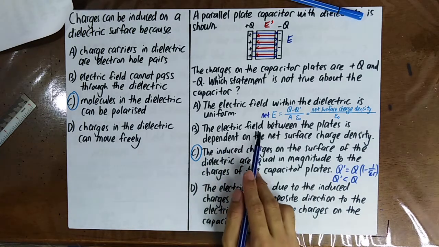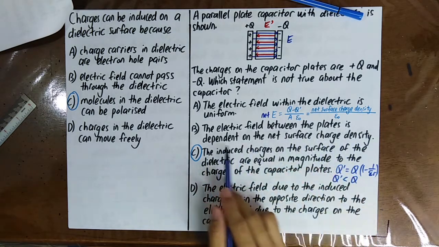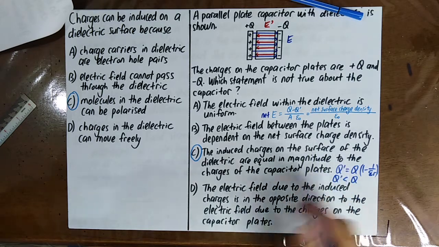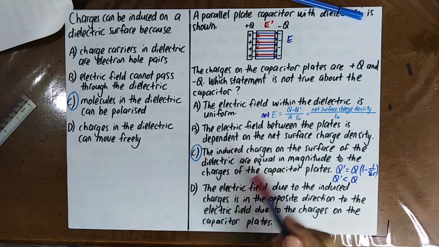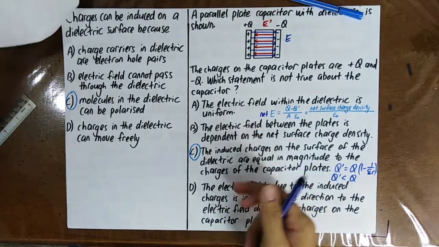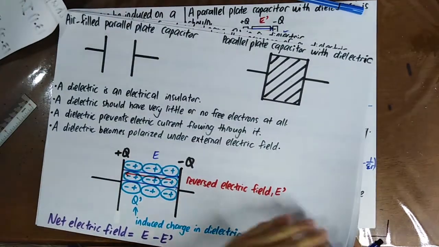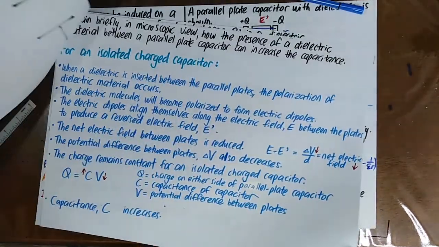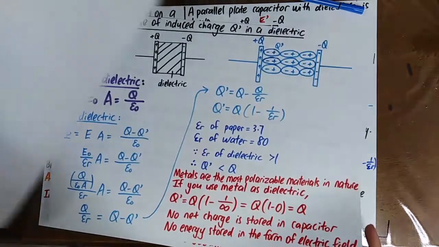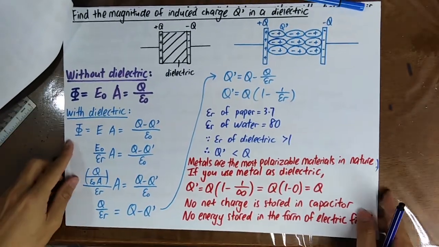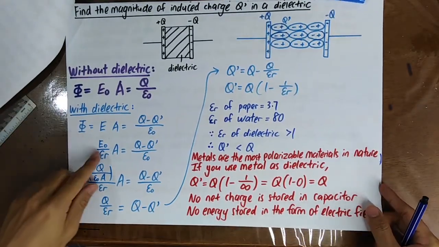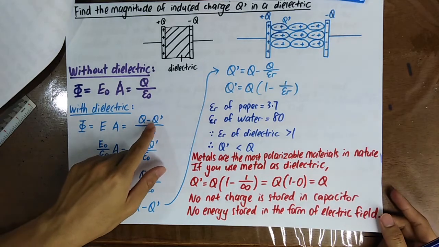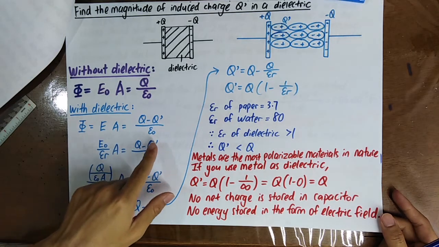The electric field between the plates is dependent on the net surface charge densities. Yes, you know that from this formula, which is the electric flux is equal to EA equal to Q minus Q prime over epsilon naught.